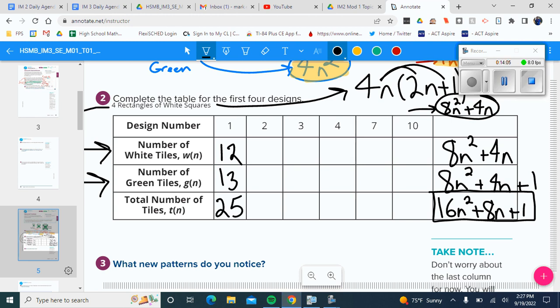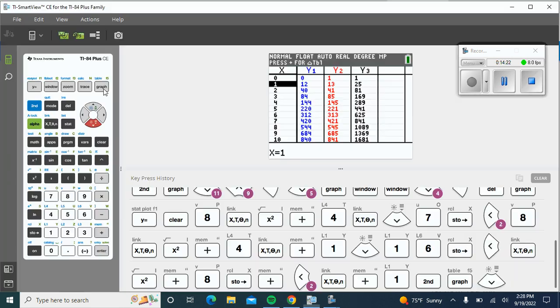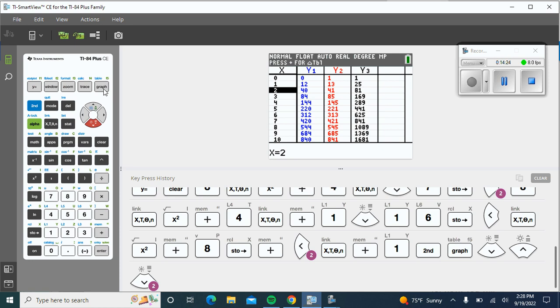Notice real quick here, white plus green will give us total, and that should be true. And then ask yourself, does 12 plus 13 equal 25? That's accurate. That's true. Let's go on to term 2. 40, 41, 81.